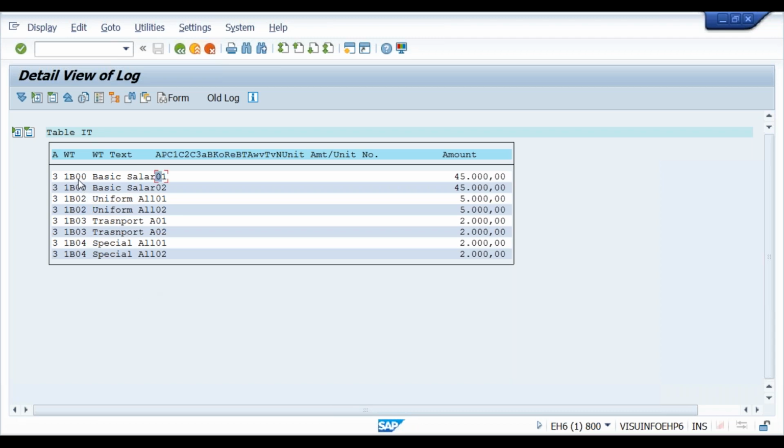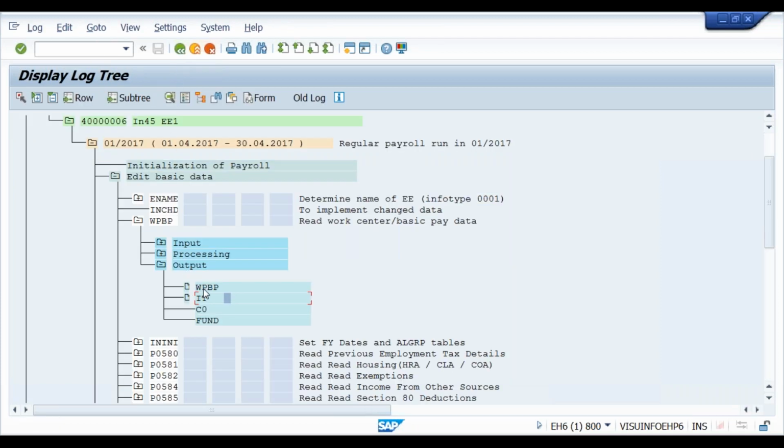So how do you know this belongs to the first split, and how do you know this belongs to the second split? You see the indicator here, the first indicator, which says WPBP assignment. This two-digit number is the split indicator of the WPBP table.